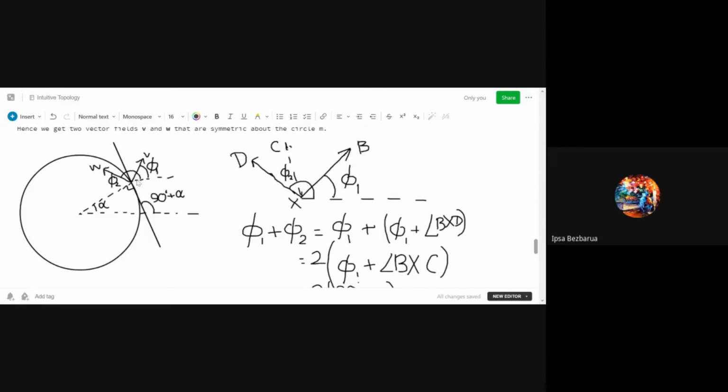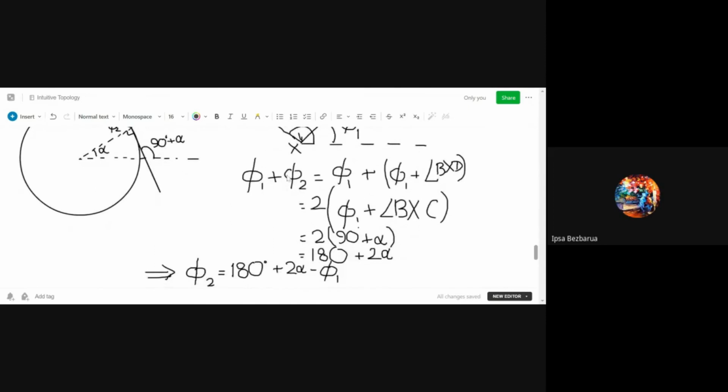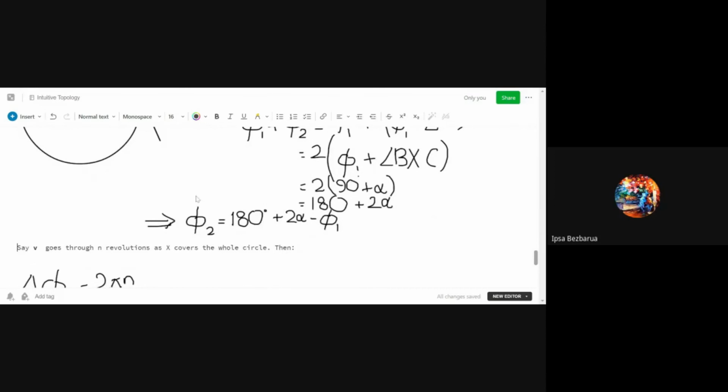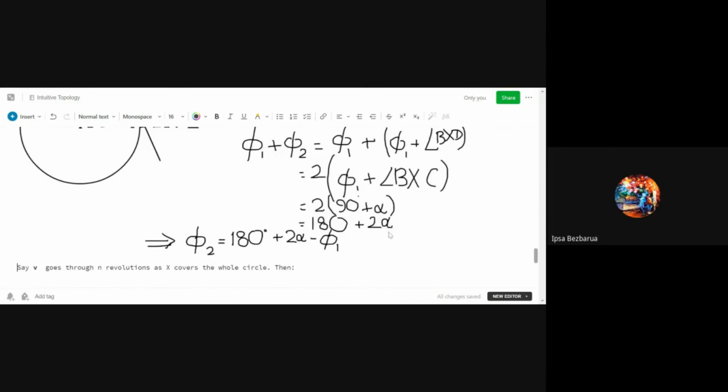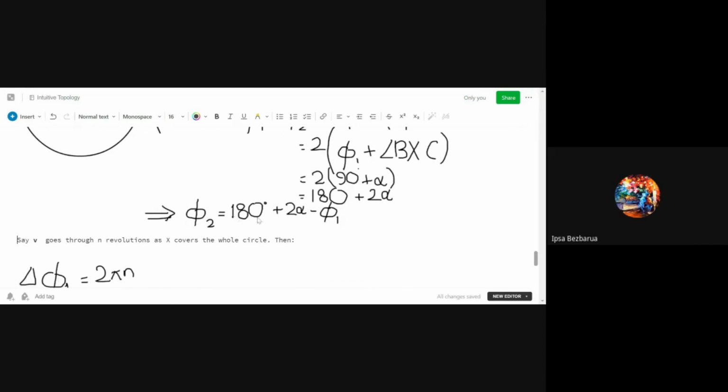So this angle is also 90 plus alpha, and twice this angle is equal to phi1 plus phi2. Hence phi1 plus phi2 is 180 degrees plus twice alpha, and taking phi1 over here, I have phi2 equal to 180 degrees plus twice alpha minus phi1.